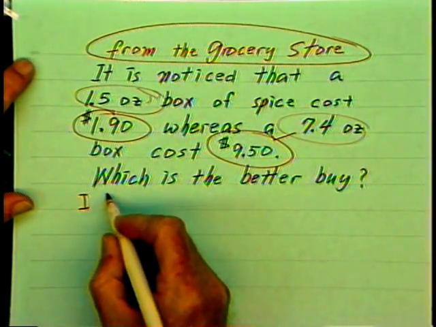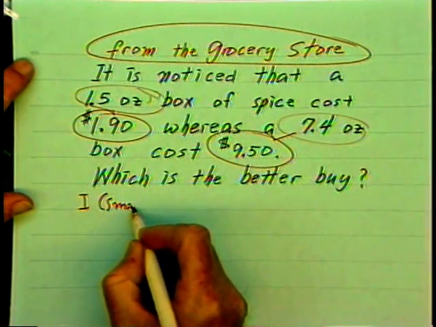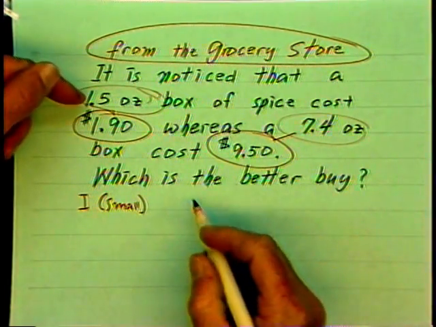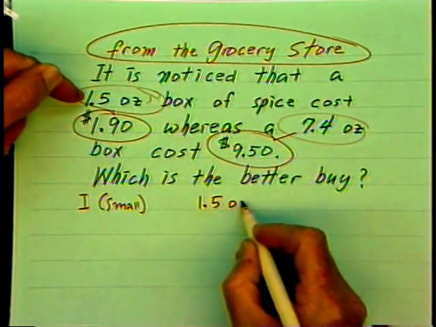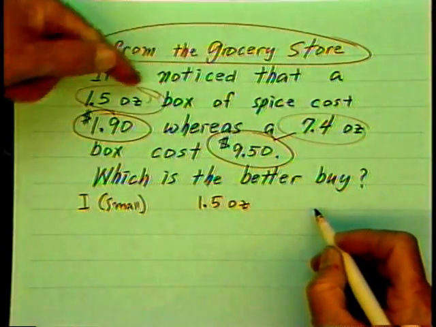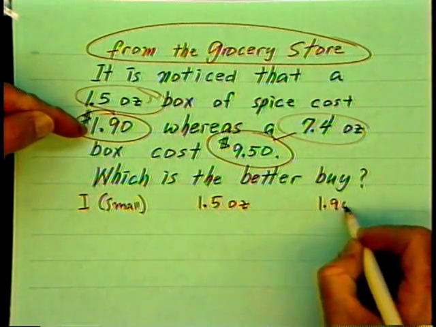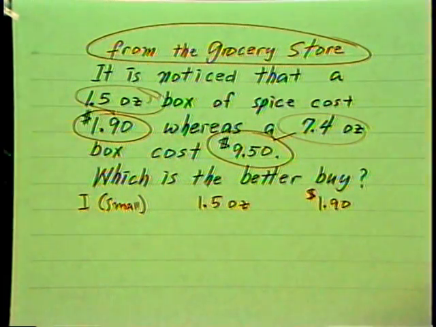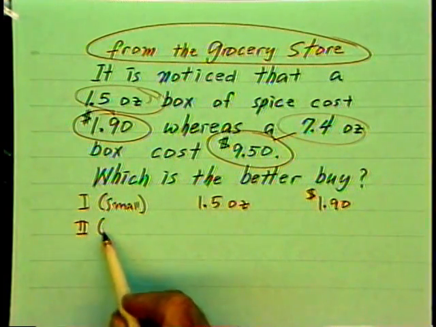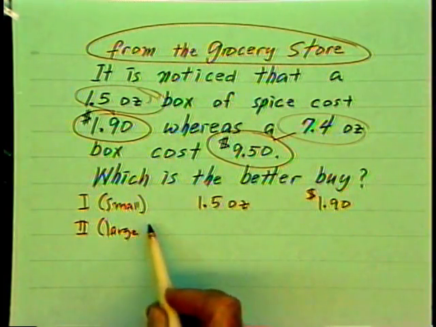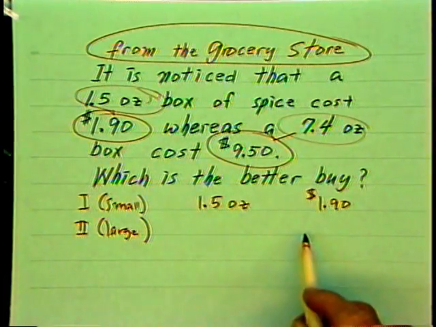Situation 1, which is the small box. The 2 items we're dealing with is size, which is 1.5 ounce, to cost, which is $1.90. And situation 2 is the large box.